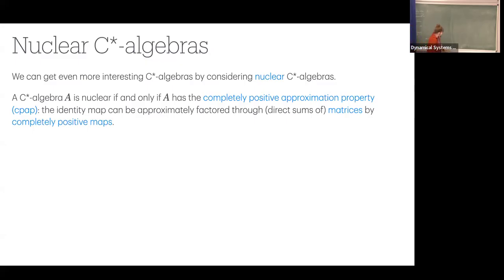So what this is saying in a more precise way is that a C-star algebra A has the completely positive approximation property if the following holds.